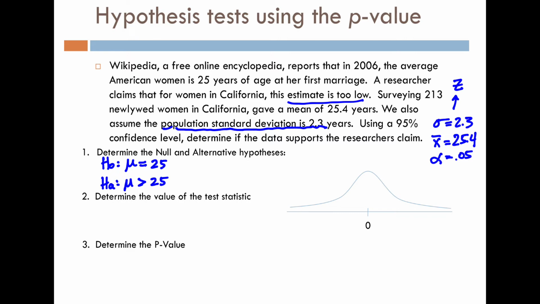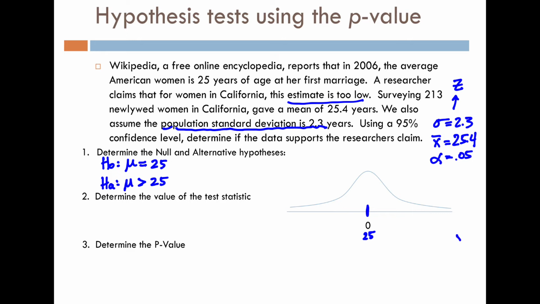There's different ways that we do this, but I like to always make the null about equaling something, because really that's what it's kind of all about. 25 is my assumed center, because we're really arguing about where it is centered. And the alternative is always arguing one way or another, to the left, to the right, or just not equal to.